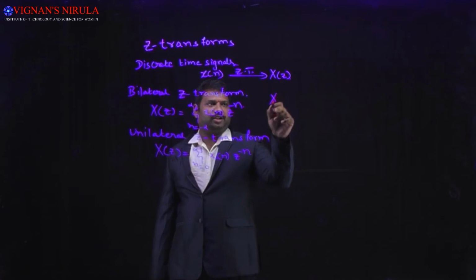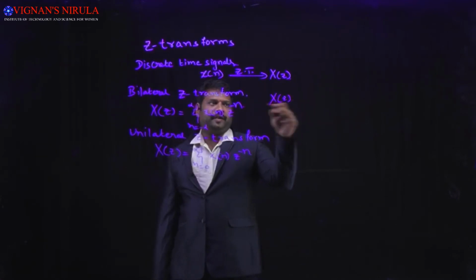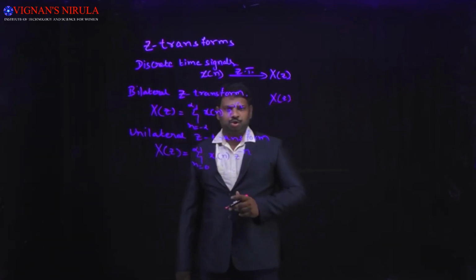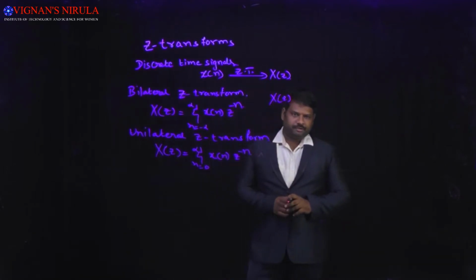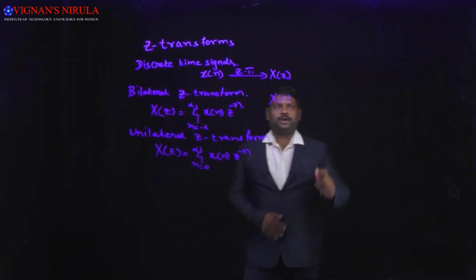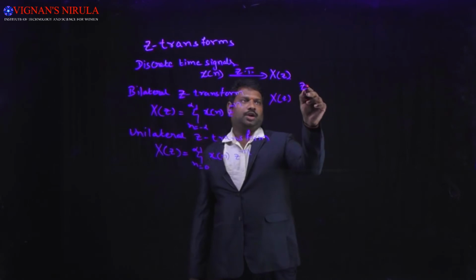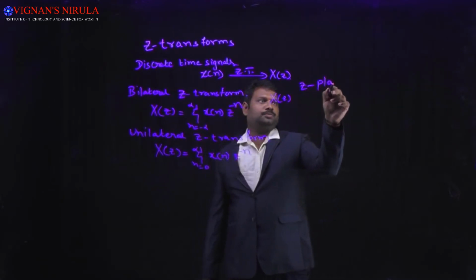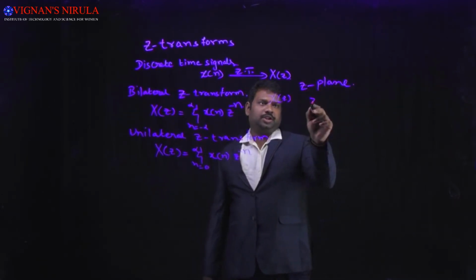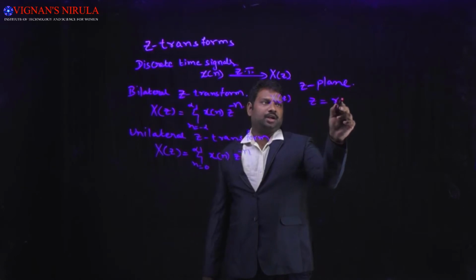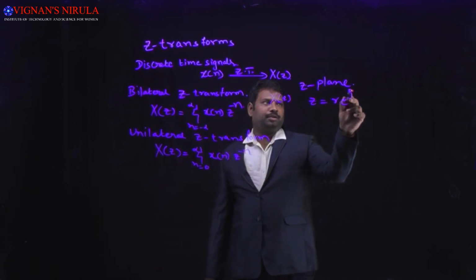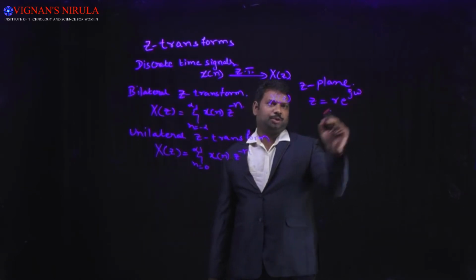Generally this Z transform x of z exists only for particular z values that will be plotted in our Z transform z plane. Generally z in the polar form will be represented as r e power j omega.